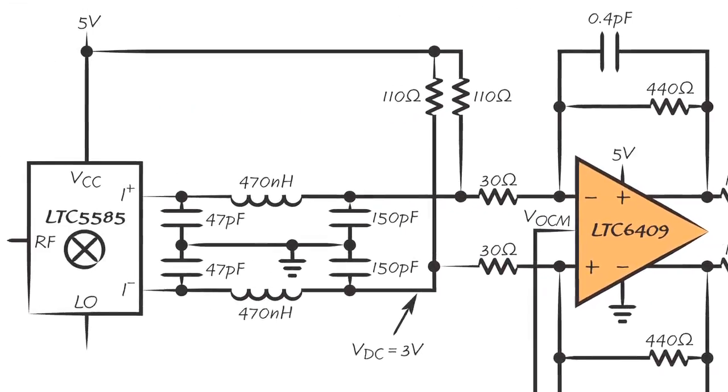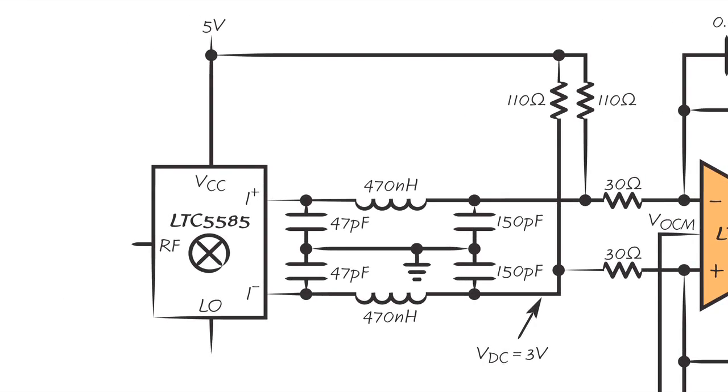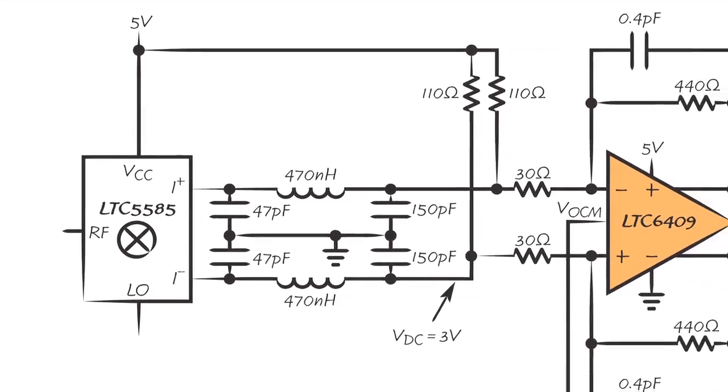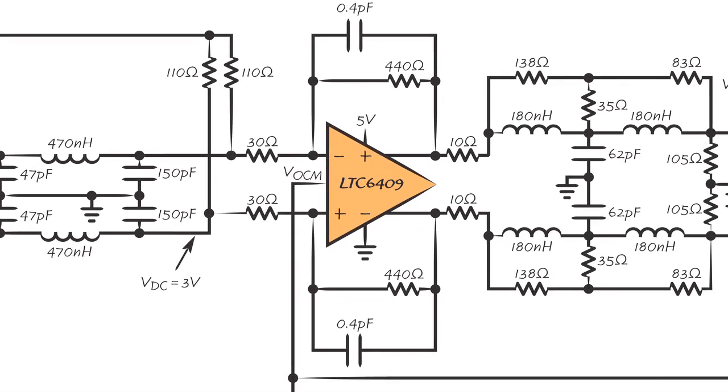On the other end is the LTC5585, which is an RF demodulator, which frequency translates an RF signal to a DC-coupled baseband output. Because of the way that component is constructed, its DC level is higher, at about 3 volts. In between is the LTC6409 differential op-amp.